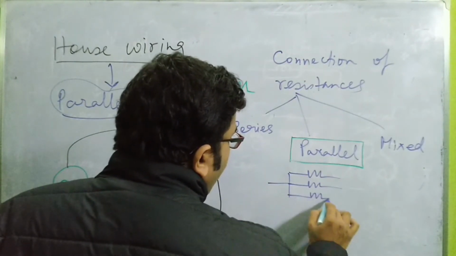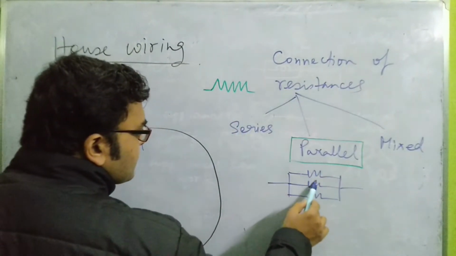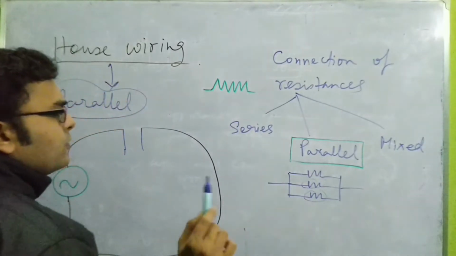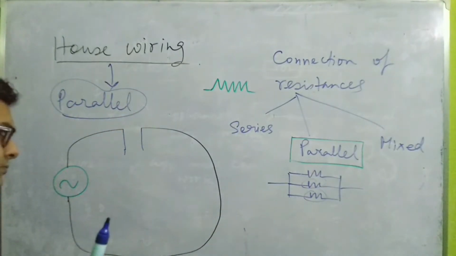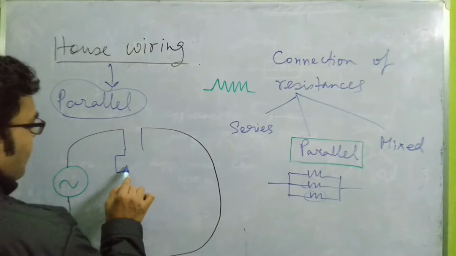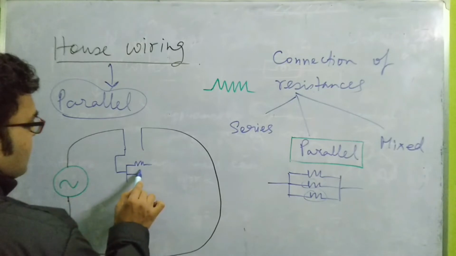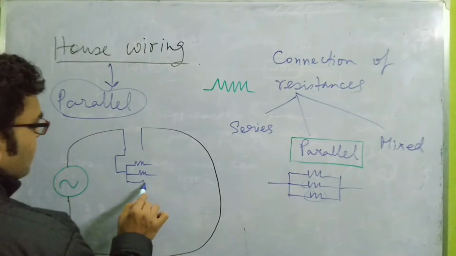Okay, so just compare this connection with these 3 wires, these 3 wire resistances at the 3 rooms in your first floor. It will be something like this. So it is again divided. One wire goes into the first room, the other wire goes into the second room, and the other wire goes into the third room.